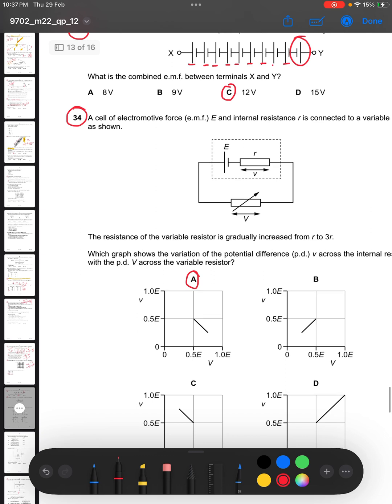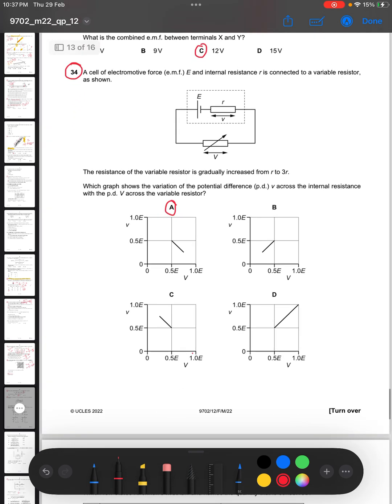Then the next question says, a cell of EMF E and internal resistance R is connected to a variable resistor as shown. The resistance of the variable resistor is gradually increased from R to 3R. Which graph shows the variation of potential difference across the internal resistance with the potential difference across the variable resistor?